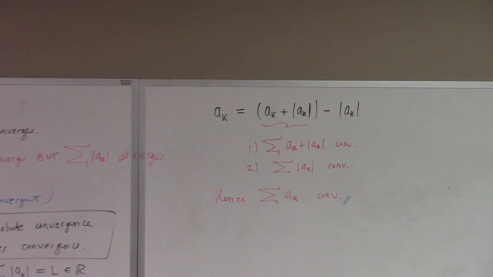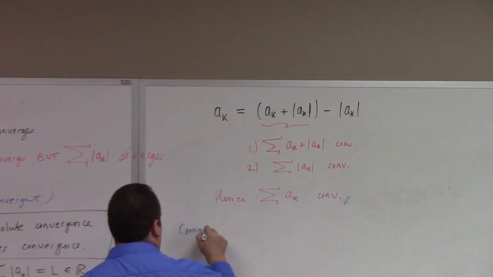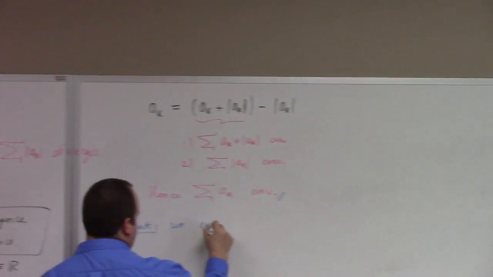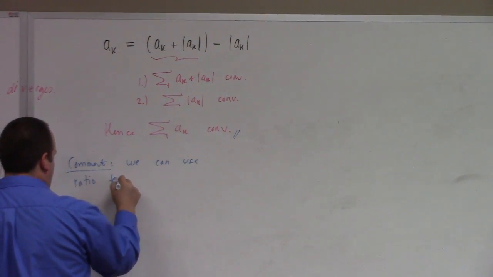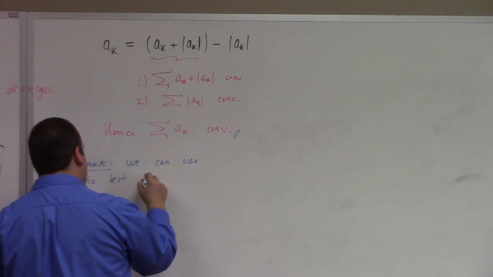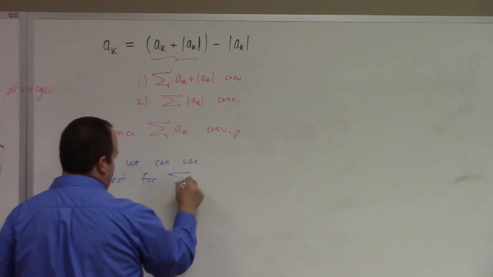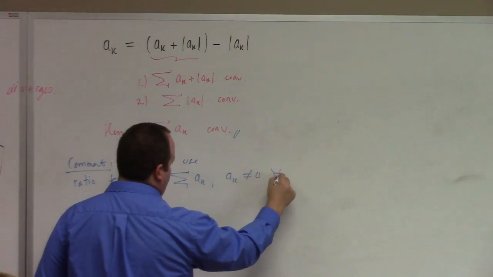So one of the things I would point out is the ratio test. Comment: we can use a modified ratio test for the series a sub k with a sub k not equal to 0 for all k.